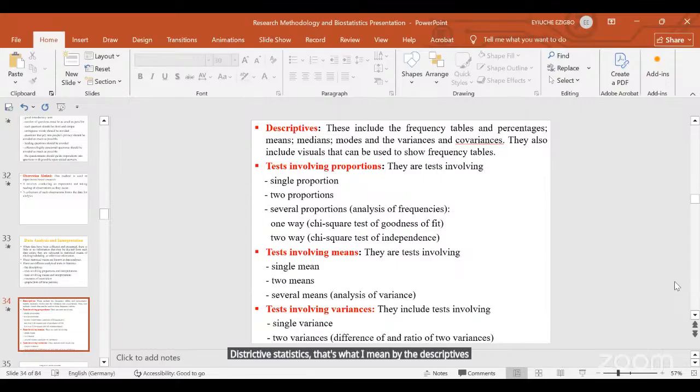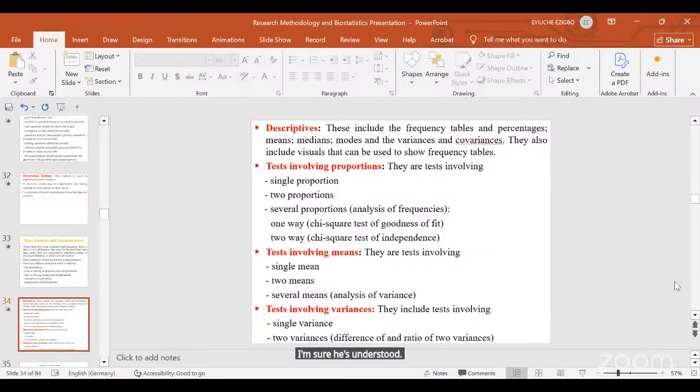By the time I have a set of data, and my interest is to find maybe the mean, compute the standard deviation, percentages, or maybe frequencies, if I am doing all of this, I am at the point of what? Descriptives. I'm sure it's understood.